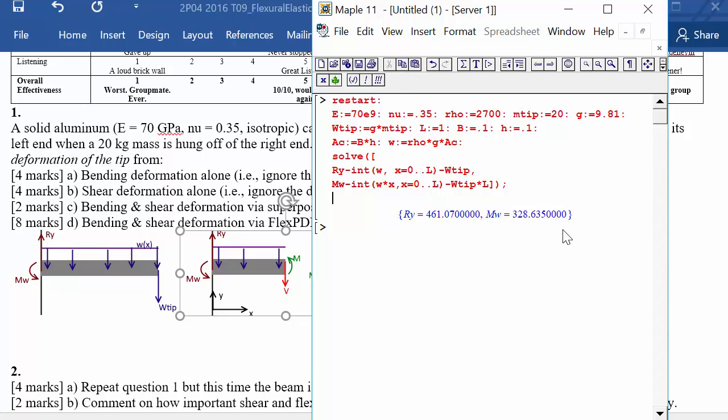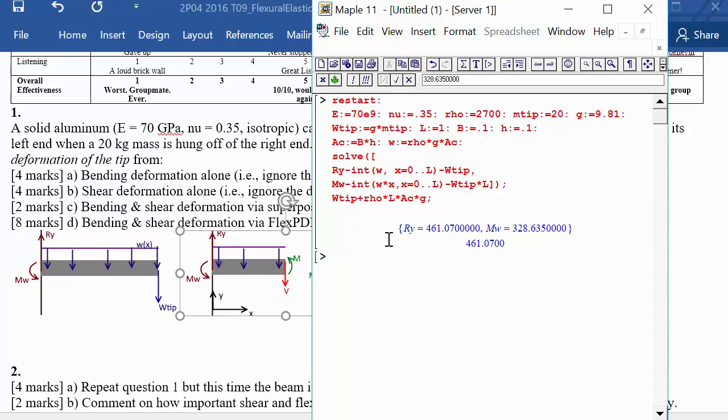That should be telling us what the reaction force at the wall is and what the bending moment is. Now, just as a check, we should have found the same thing if we had just used the total weight of the beam down and the weight at the tip. So let's say W tip plus rho times L times A times G. That should also be equal to the reaction force at the wall. Yep.